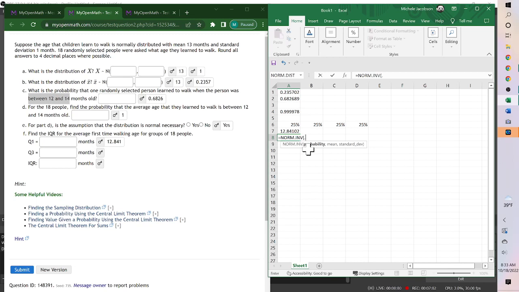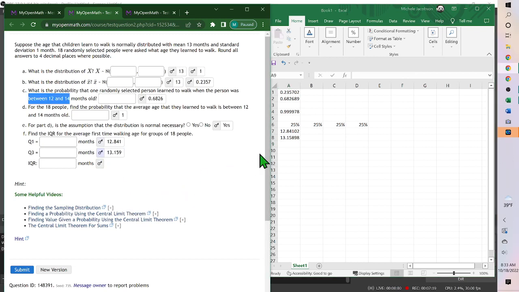We have 0.75, comma, the mean, comma, the standard deviation from part B because it is a sample, 0.2357. And there's your value. And then you just subtract these to get this. So if we take 13.159 minus 12.841, we get 0.318.